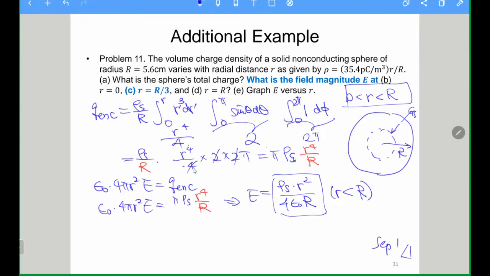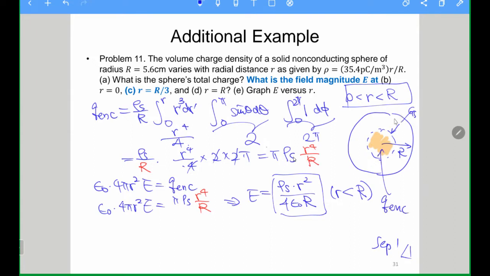So this 4 and these 2's can be cancelled, and the answer should be pi rho s times r to the fourth power over capital R. This is the enclosed charge within this region. So we consider this the Q enclosed by the Gaussian surface.